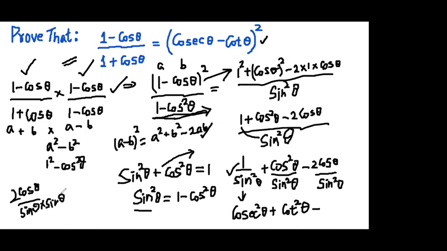Now cos theta by sin theta you can write as cot theta, and 1 by sin theta you can write as cosec theta. So here you can write 2 cosec theta into cot theta.